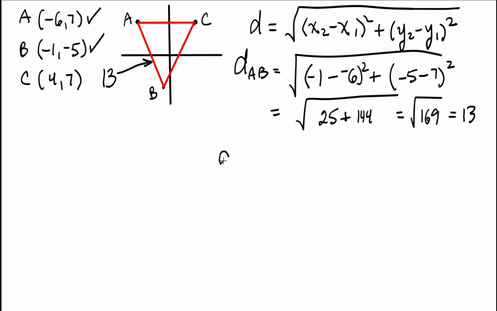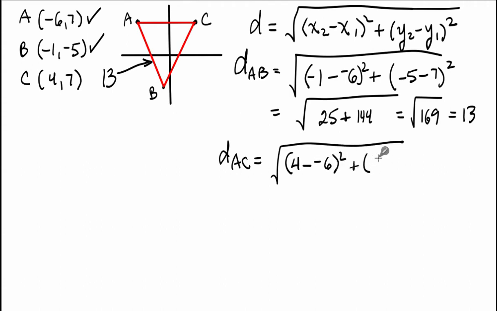Let's proceed with the distance from A to C. Applying the same idea, the x coordinate of point C is 4, minus the x coordinate of point A, -6, squared. And here's something a little bit interesting. The y coordinate of point C, 7, minus the y coordinate of point A, also 7.